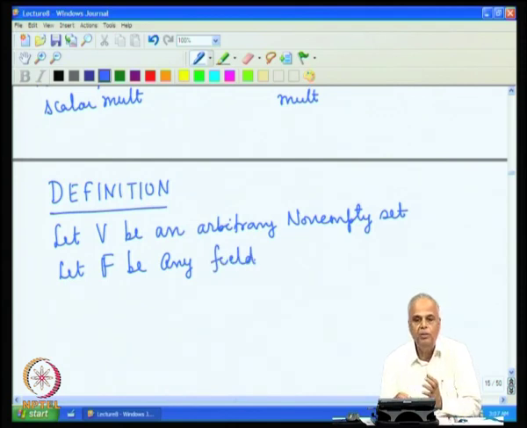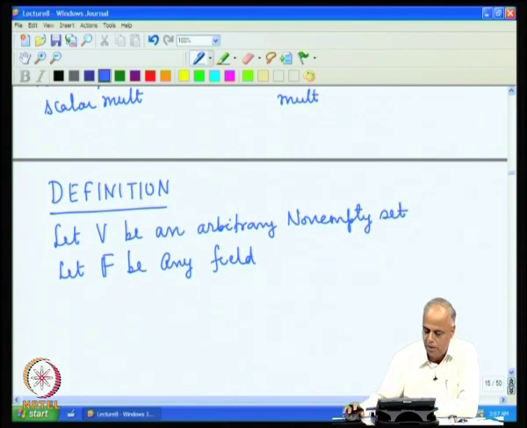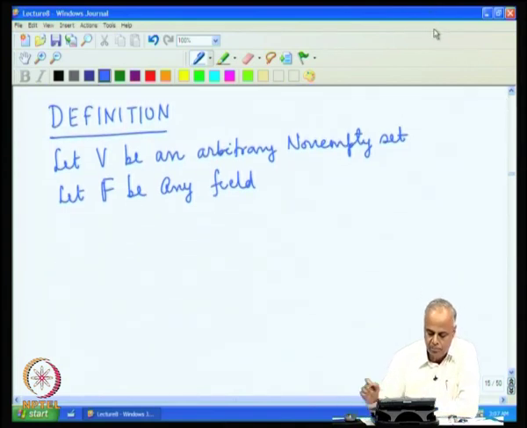This F plays the role of real numbers. So, the role of R k is played by this arbitrary set V, the role of R is played by the field F. Then we had two operations, addition and scalar multiplication.